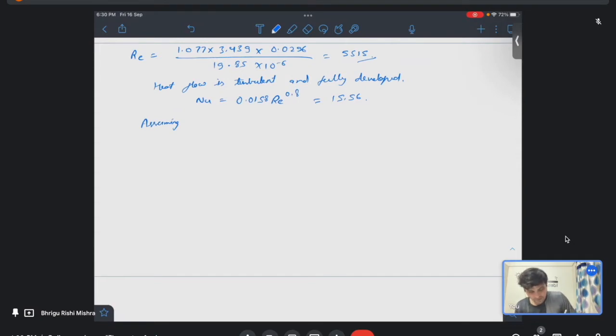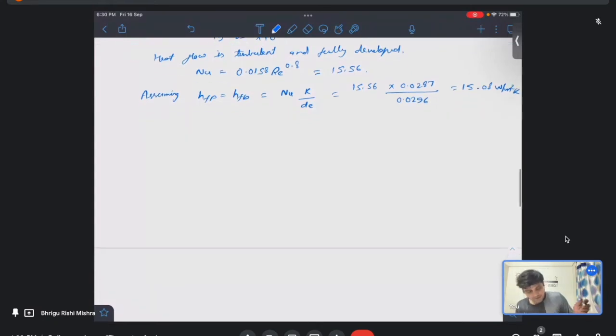Assuming HFP equals HFB, which is Nusselt number into thermal conductivity of air divided by the equivalent diameter, we have all the values: 15.56 into 0.0287 divided by 0.0296, so it turns out 15.08 watt per meter square per Kelvin.